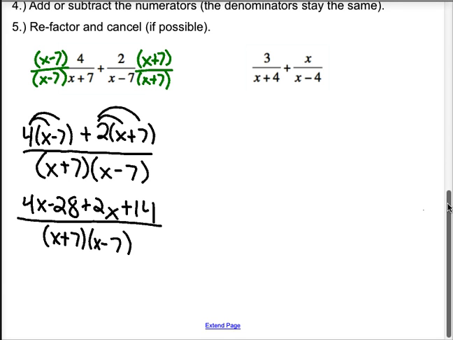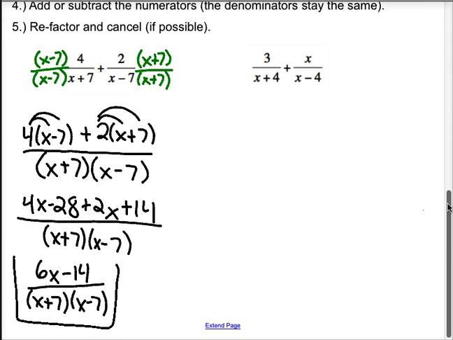And now 4x plus 2x is going to be 6x. Negative 28 plus 14 is going to be a minus 14 over x plus 7, x minus 7. And the neat thing is, I'm not going to make you factor out that denominator. You can actually just leave it looking like that.